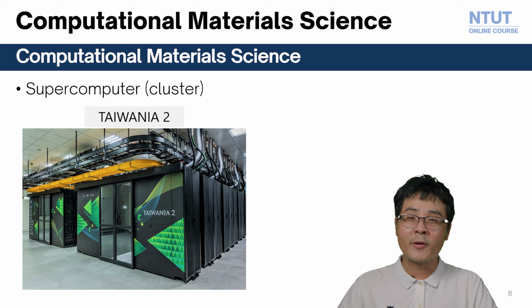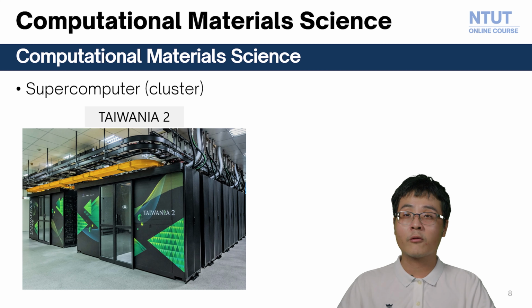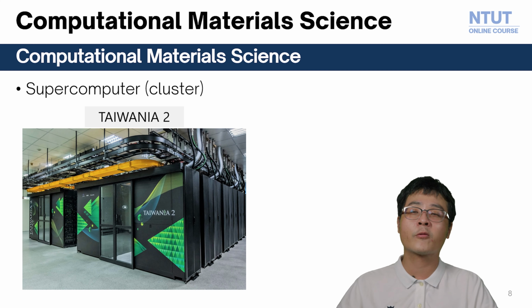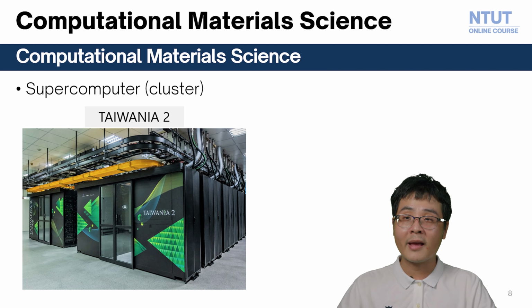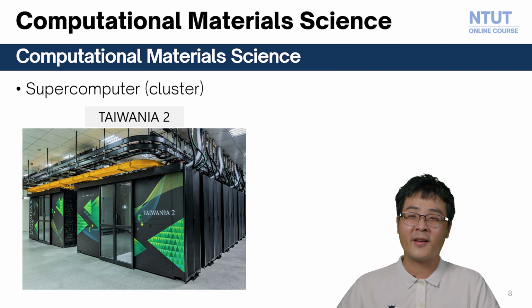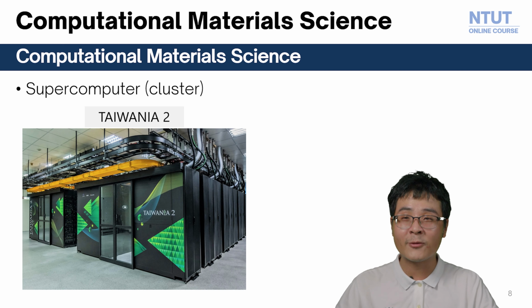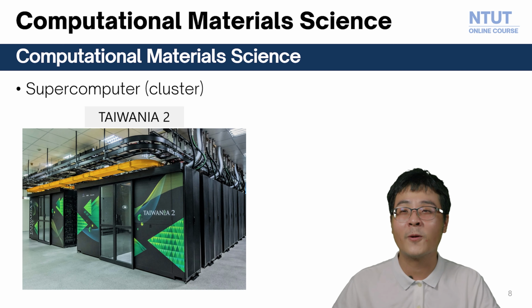And below is Taiwania 2, which is one of the most powerful clusters, or most powerful supercomputers, in Taiwan. If you have an interest, you may just search it on Google, and you will get a full introduction about this powerful computer used in computational material science.